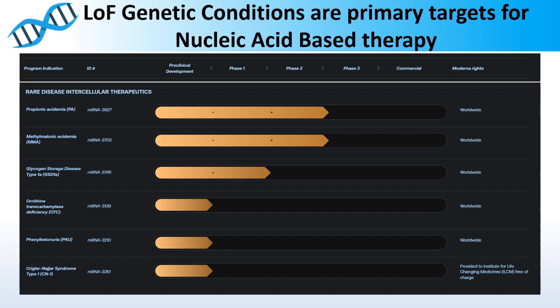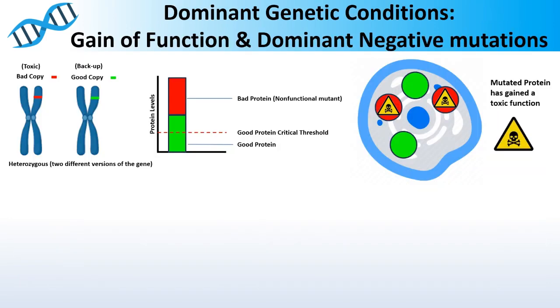But in addition to these dominant mutations that are caused by loss of function mutations in one copy of a gene, where you simply end up with a disease because the mutant protein does nothing and there's not enough functional protein being produced, there are also other types of mutations where the protein can actually gain an unwanted function. And this unwanted function may be toxic to the cell or the body.